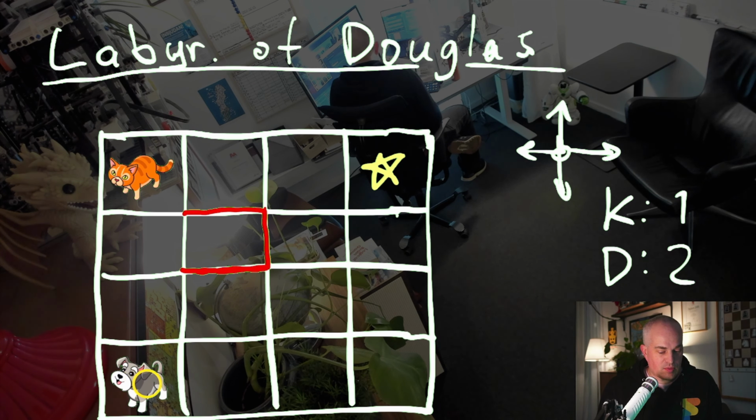So how is this possible? Douglas might have twice the speed of Katniss, but he is also very predictable. He always uses the same algorithm to move, and that's how we can outsmart him.